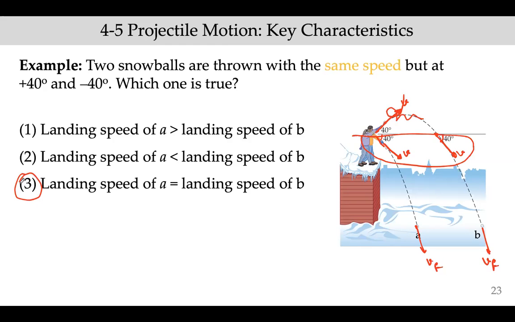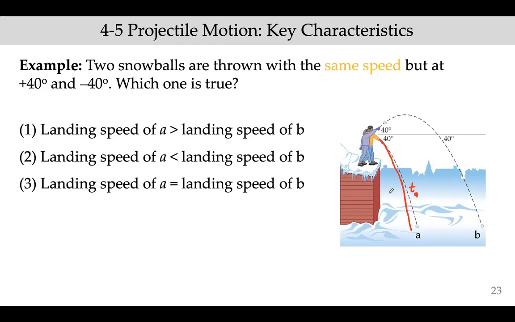Now, you may say, do they fall at the same time? No. The reason is, this one, A, actually goes down like this. So let's say it takes T1 for A to go down, but there is an extra motion for B. Let me call this T1 and T2.